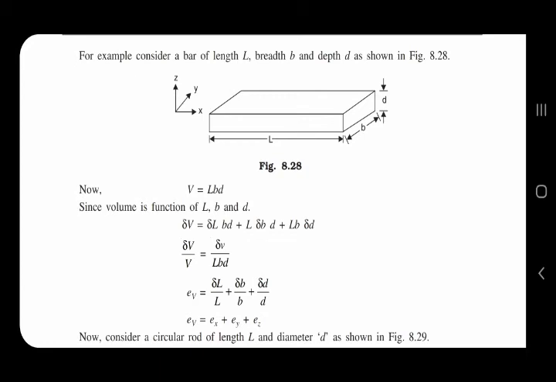Since volume is a function of L, B and D, delta V will be equal to delta L into B into D plus L into delta B into D plus L into B into delta D. So delta V by V is equal to delta V divided by L into B into D. So the volumetric strain will be equal to delta L by L plus delta B by B plus delta D by D, which is nothing but the volumetric strain for that bar, given by epsilon V is equal to epsilon x plus epsilon y plus epsilon z. That is for a rectangular bar.